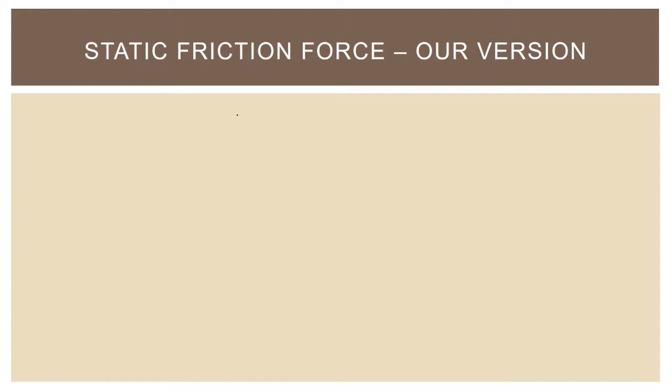The first version is we're just going to say the force of static friction, which I'm actually going to add a subscript S on. Why do I want you to add a subscript S on this? It's to differentiate it between the static friction force and the kinetic friction force, right? And I'm going to say that the static friction force is less than or equal to the coefficient of static friction, which is what that mu symbol means.